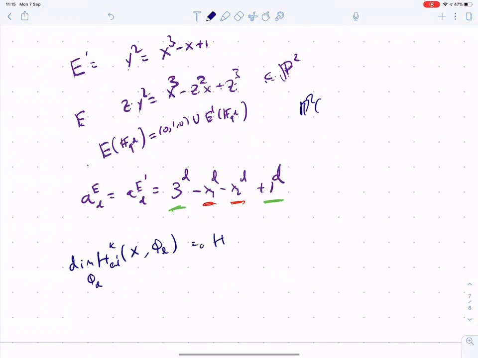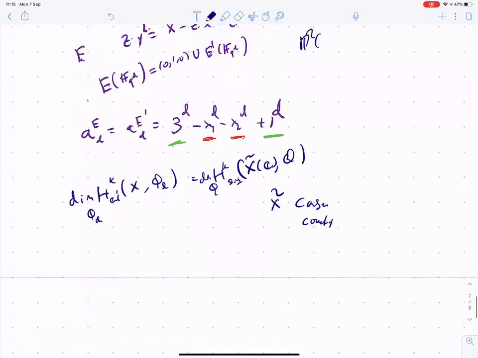That's the same as the dimension over Q of the singular homology of X twiddle with the complex points with coefficients in Q. Okay, and where X twiddle is chosen correctly. I'm not going to be precise about what that means.